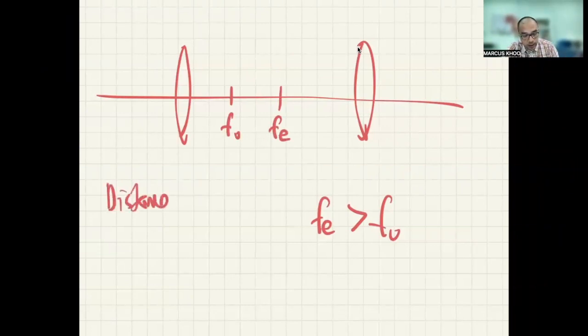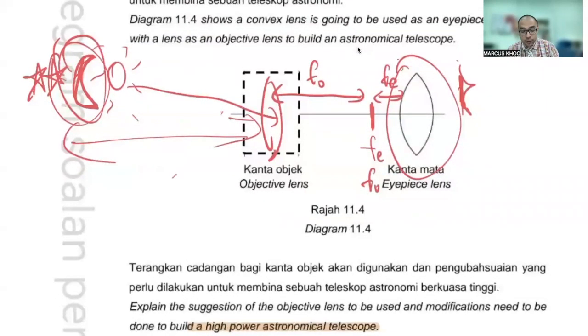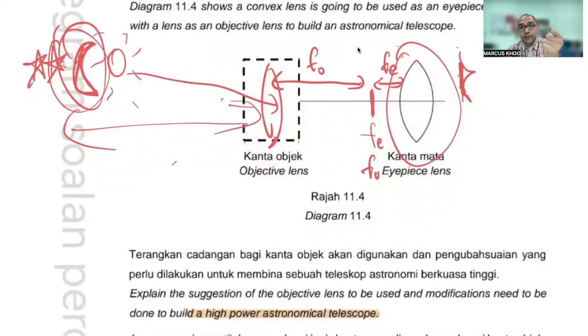The FO and FE cannot overlap one another and they cannot cross one another. So the distance between the objective and the eyepiece lens must be more than FO plus FE. Has to be far apart. Whereas in the case of the telescope, the distance is exactly FO plus FE.